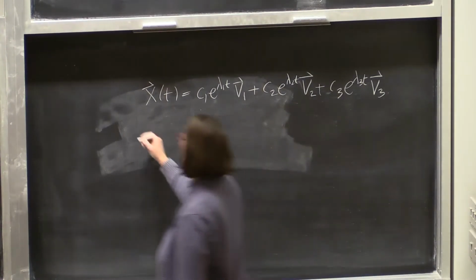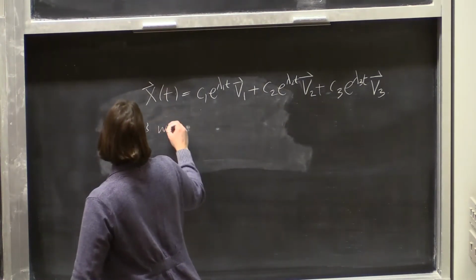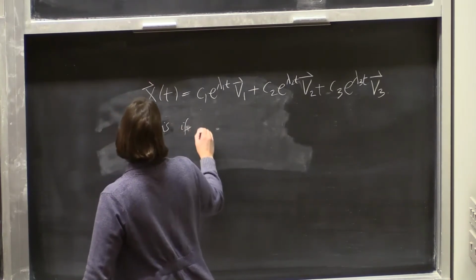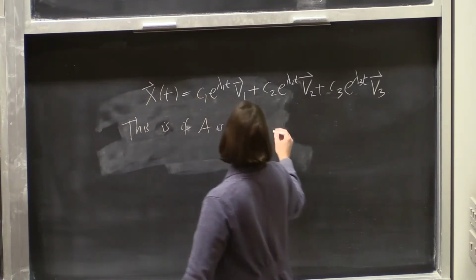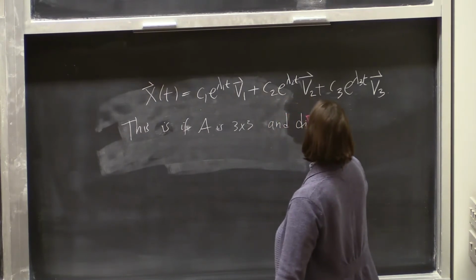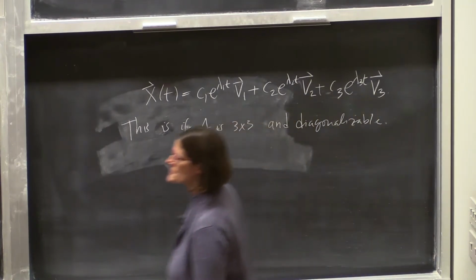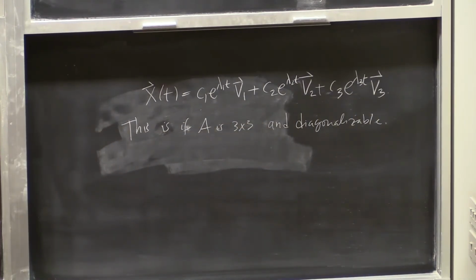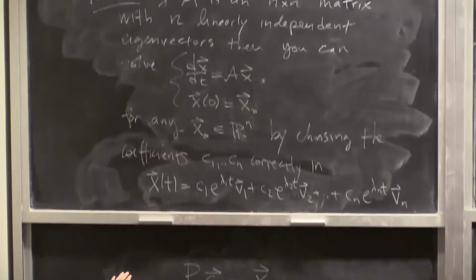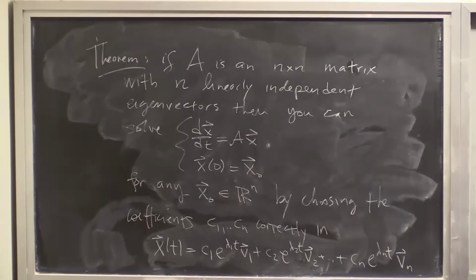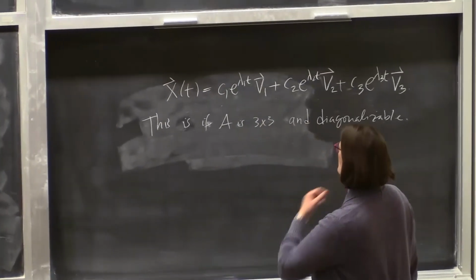So this is, if A is 3 by 3 and diagonalizable, an alternate proof of the exact same theorem. If A is a diagonalizable matrix, then you can write down a solution for any, and then there's the general solution. And the fact that you will be able to solve every initial data is because P is invertible.